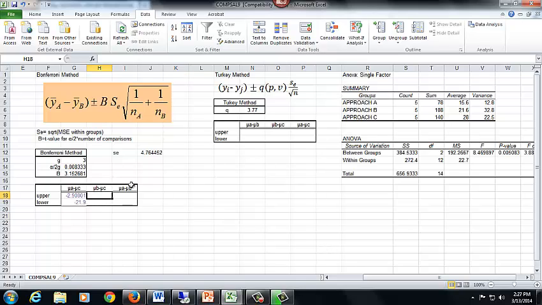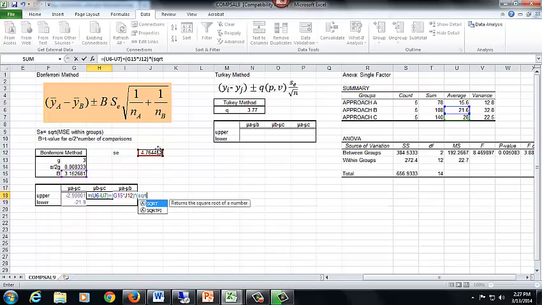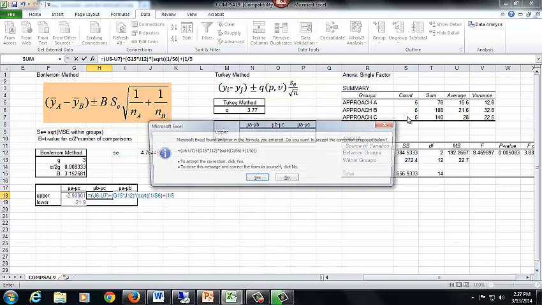Now I'm going to go in and do B minus C. Okay, so the average of B minus the average of C, plus B times my standard error times the square root of 1 over 5 for approach B plus 1 over 5 for approach C.